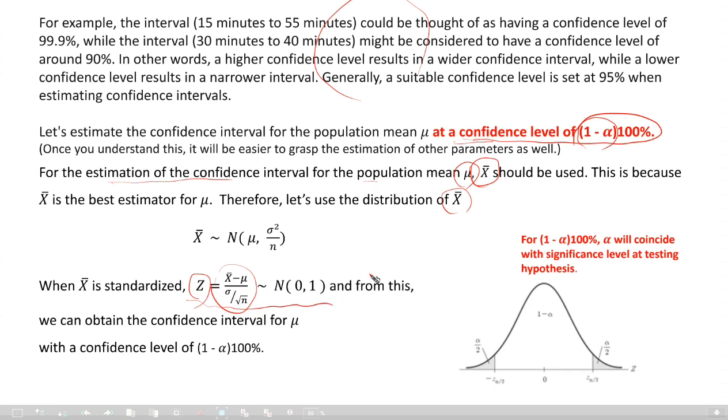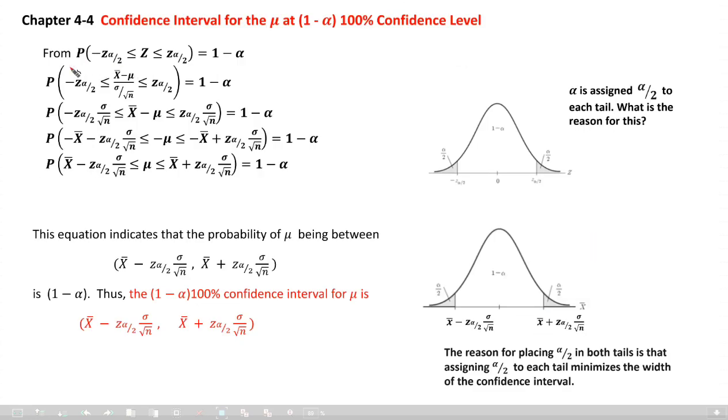So we need to draw 1 minus alpha in the center of this graph. Okay, 1 minus alpha here. Then both tails have alpha over 2 probability. Okay, now same thing, same graph here. So this graph is G, capital G is a random variable.